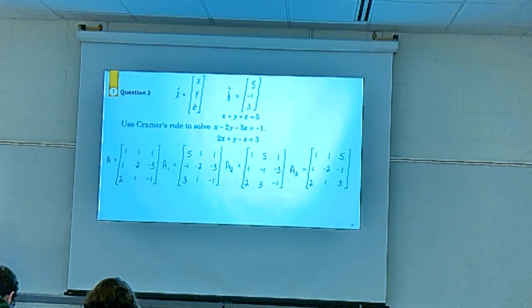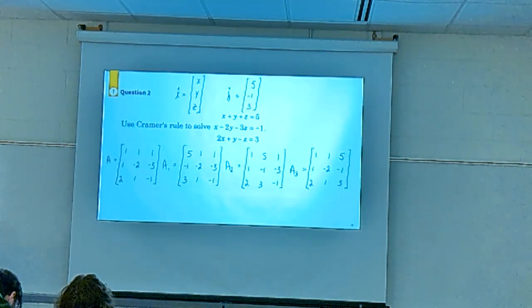Someone get something different? I think -10. We have a determinant for A3. 15. Anything different?